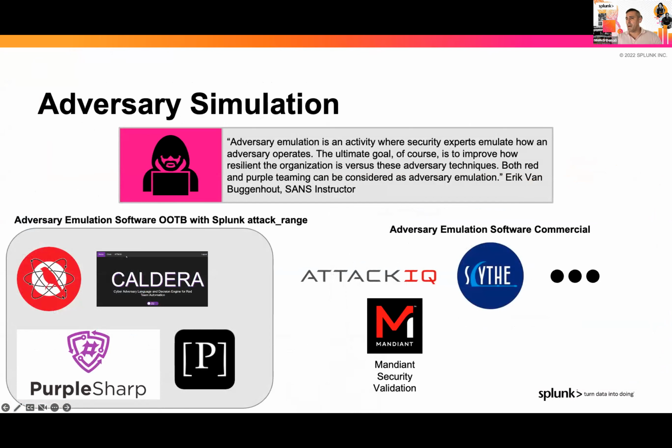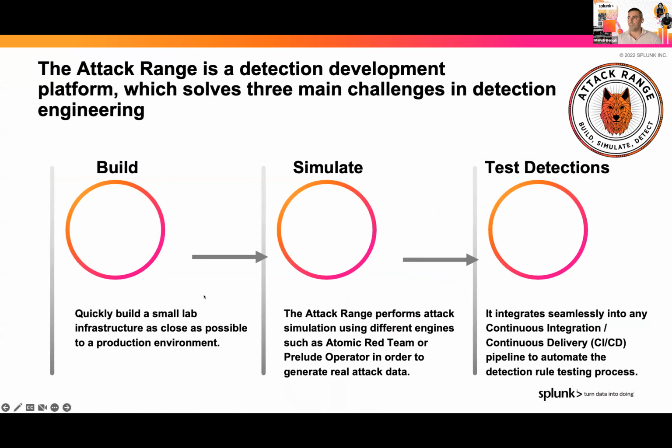So basically that's what is included in the attack range. You have Red Team Atomic, you have PurpleSharp, and then you have another tool. I'm skipping the slide because it's very redundant, and I don't want to explain the same thing over and over again.